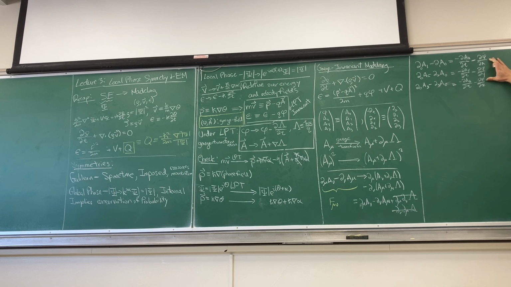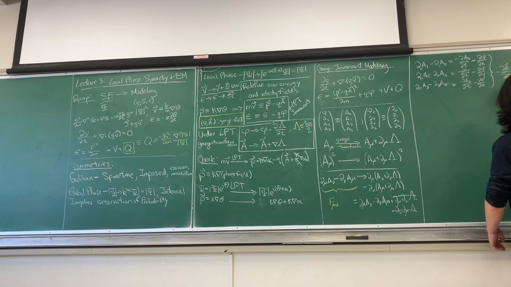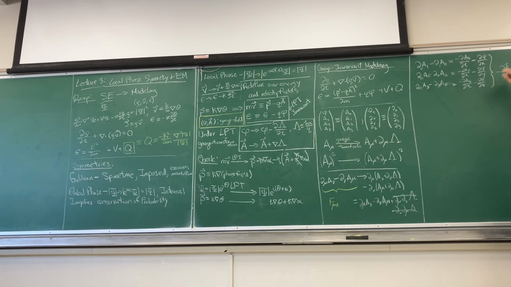And okay, these things you can group into a vector almost, because you have x, y, z, and you can just say that this is equal to minus the time derivative of A, and then this is just the gradient of a scalar field, so minus the gradient of phi.